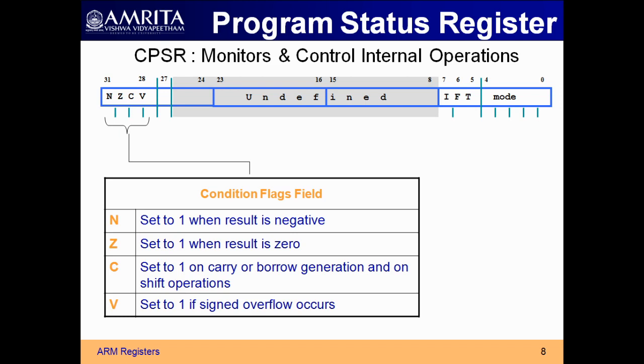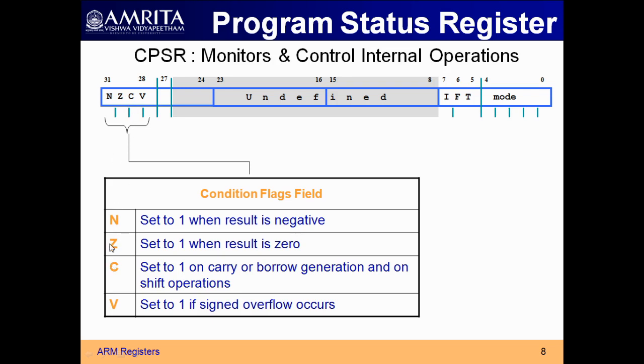Similarly, when you are complementing 1, you will be getting 0. So these are the logical operations which give a 0 result. So whenever an arithmetic or logical operation is generating a 0 result, the zero condition flag bit will be set.